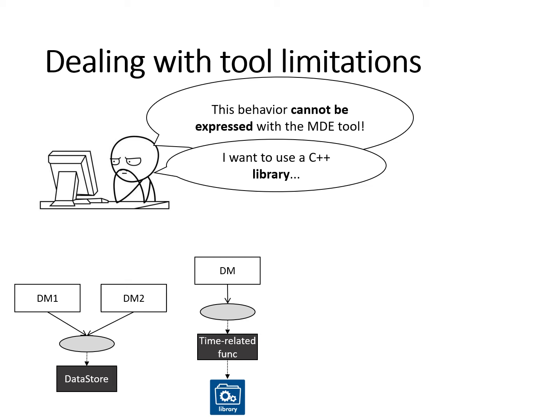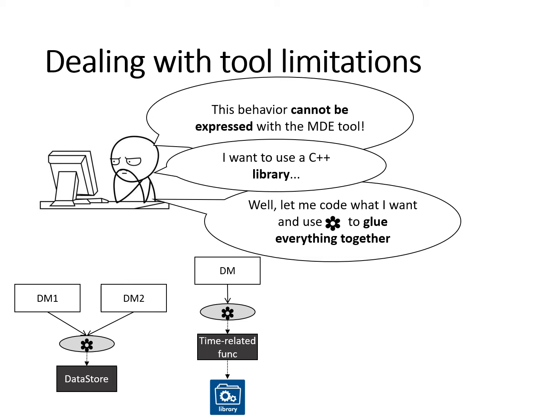Another case is that the tool does not support sufficient libraries. So for example, to create a timestamp in a certain format, developers write code to implement the functions that use C++ time and date libraries.